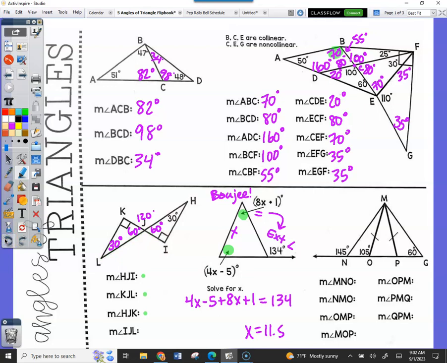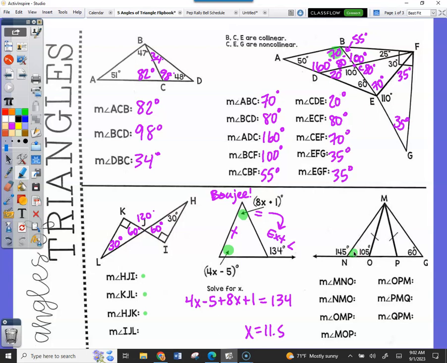All right, I'd like you to get with a neighbor and answer the questions on the last picture. It will give you a domino effect once you start filling it in. And I would say start right here. Find this angle. Notice it coincidentally pairs in a linear pair with the 145.